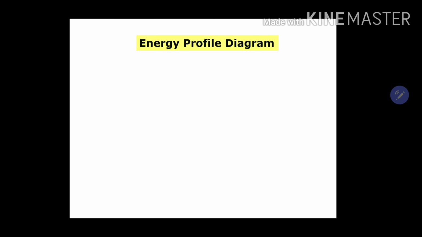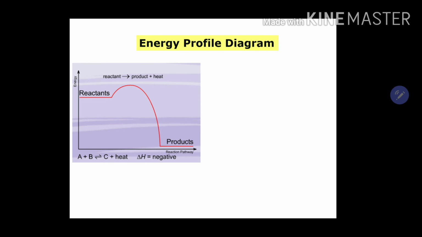The energy profile diagram. In exothermic reaction, we can see that the product is formed by releasing heat to the surrounding. So we put heat beside product. So the change of enthalpy is negative.